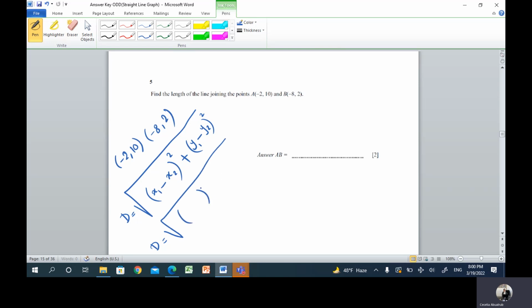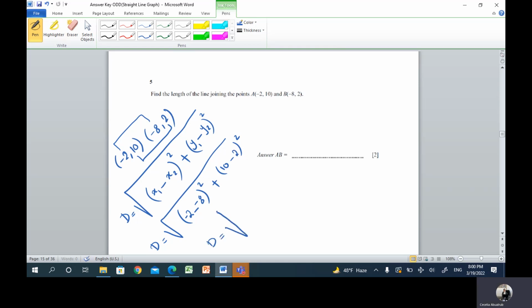The x's are -2 and -8, so we're going to say here -2 minus -8. And the y's are 10 and 2, so it will be 10 minus 2.